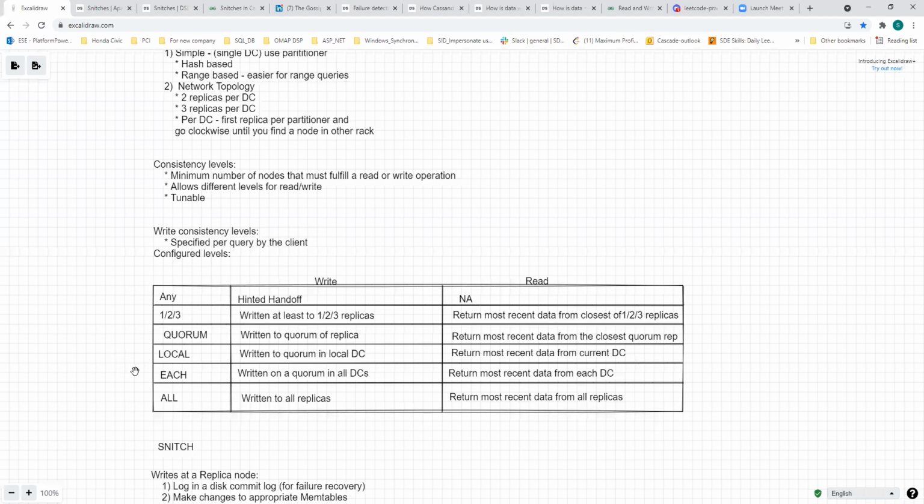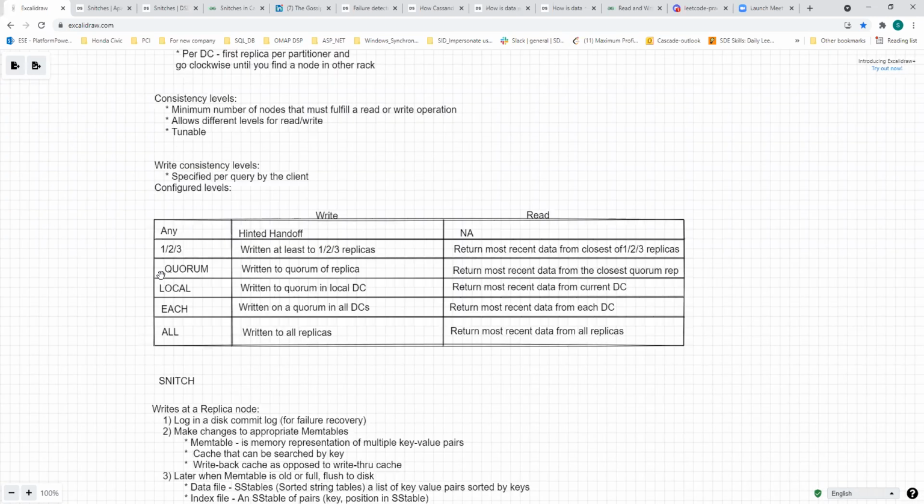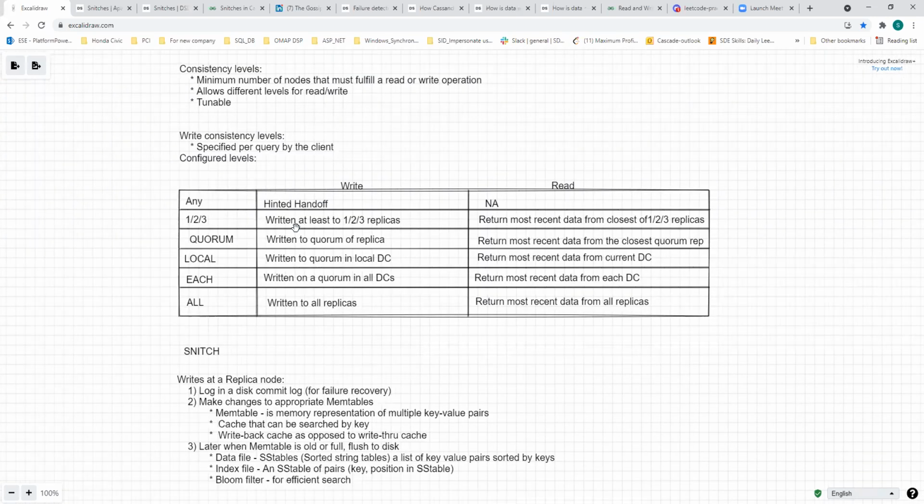So now I think we already discussed these consistency levels, but let's go through them a bit. This is what the consistency levels look like in Cassandra. If you see this table, we have write consistency levels and read consistency levels.